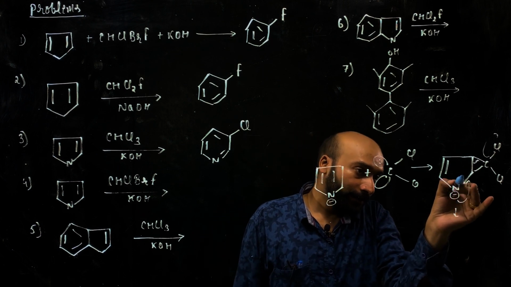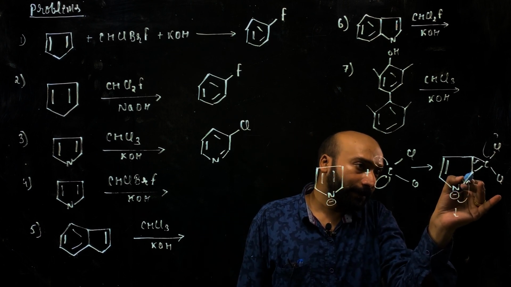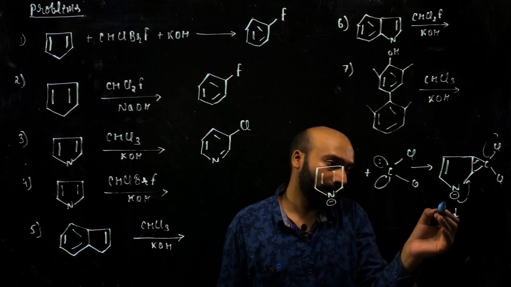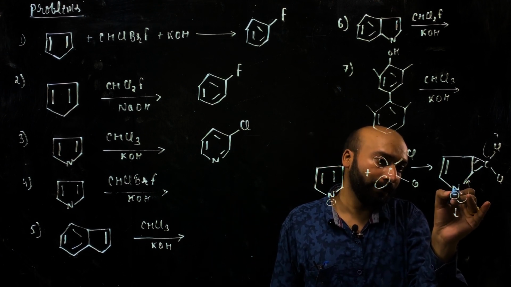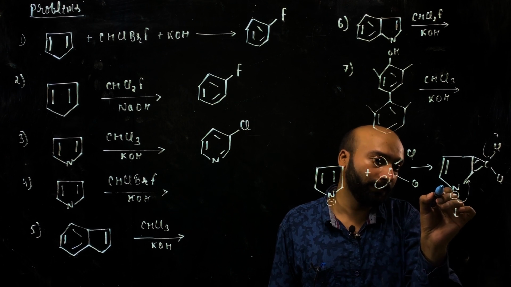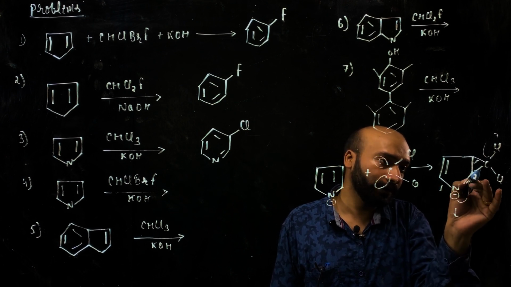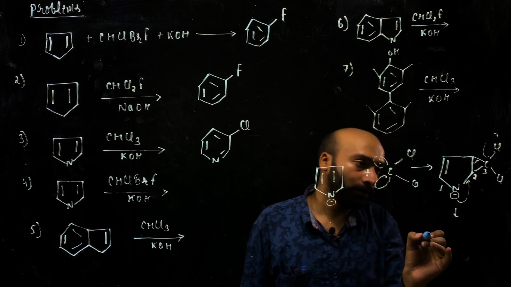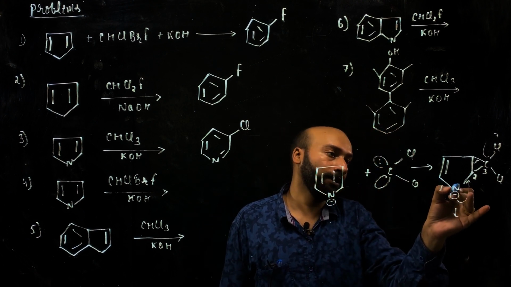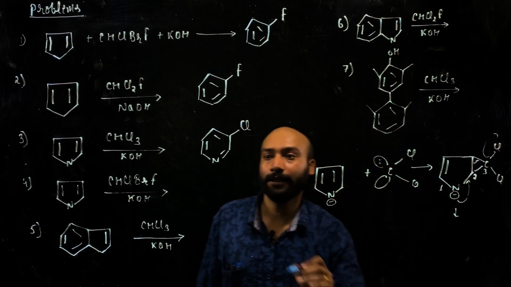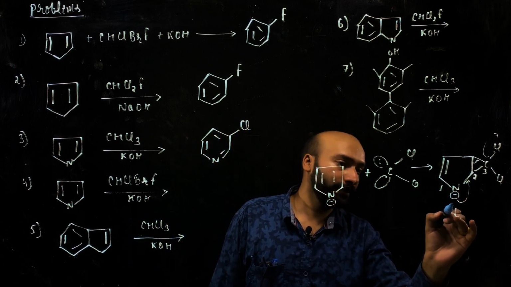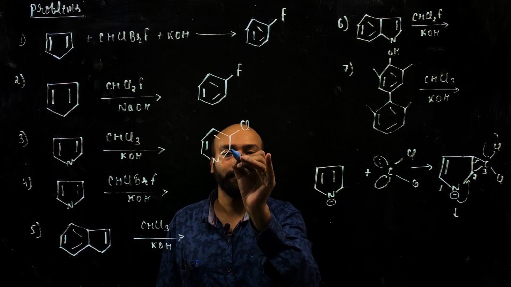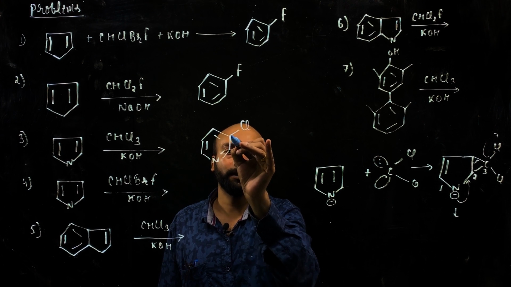Nitrogen, and the carbon directly connected with nitrogen. If I give number 1 to nitrogen, 2 to this one, and third to this one, then the third carbon will contain the chlorine. It is the same: the first one is the nitrogen atom, the second is this carbon, and the third is this carbon.